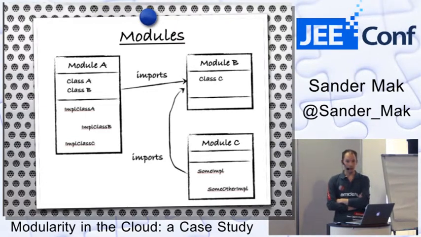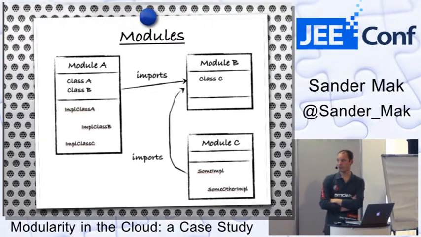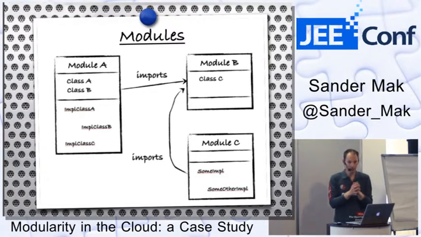Well, actually a module is just a jar, but not just a jar, a jar extended with some metadata. Essentially what you can add to a jar is, okay, I contain these packages. By default, OSGi says all these packages and classes are not visible to outside users of this jar.